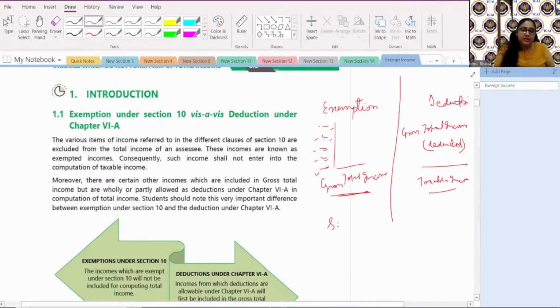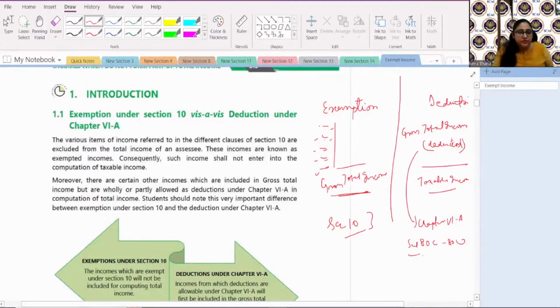Exemptions generally in income tax are covered under section 10. Yes, you have certain exemptions in section 54. You'll see. But what all are covered under section 10: 10 clause A, 1, 2, 3, and going on like that. And your deductions are covered under chapter 6A majorly, which goes from 80C to 80U sections.